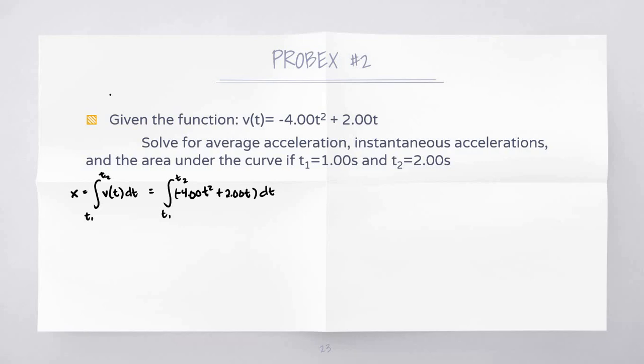So what is the basic rule of integral? The integral of x raised to n dx is equal to x raised to n plus 1 over n plus 1 plus c. This is the rule, and that's what we'll be doing in this one.